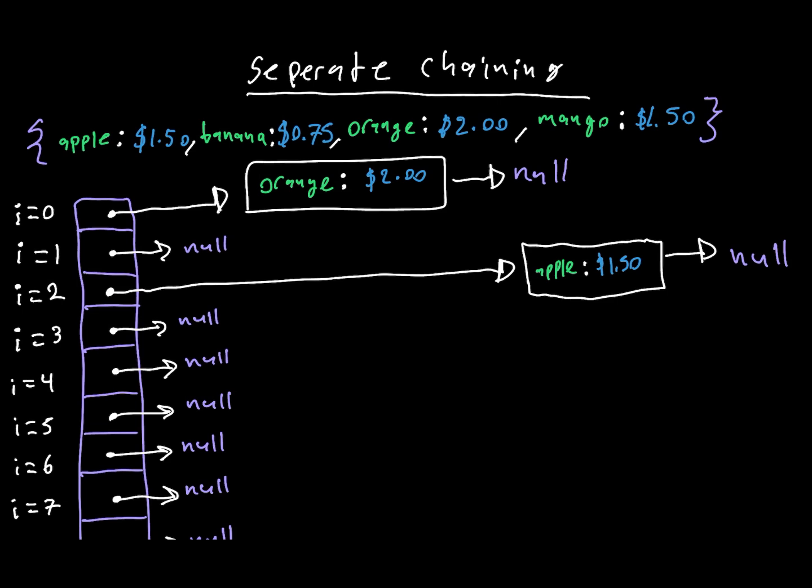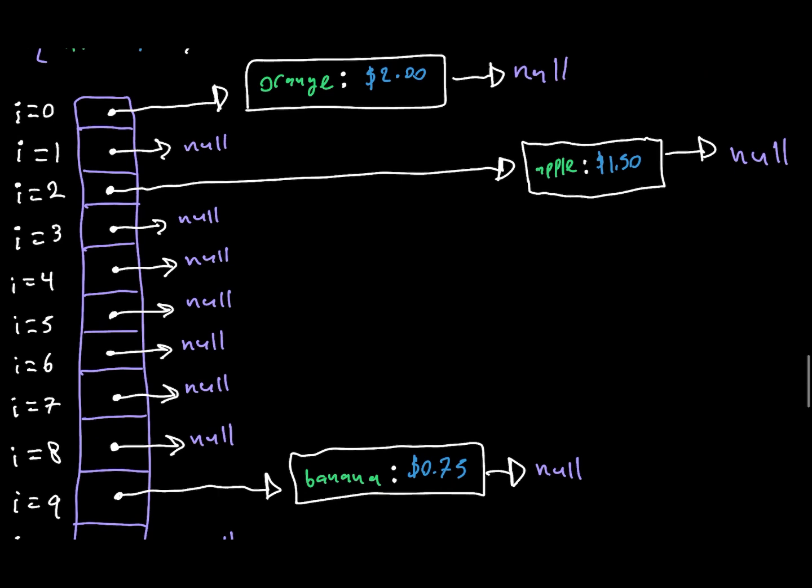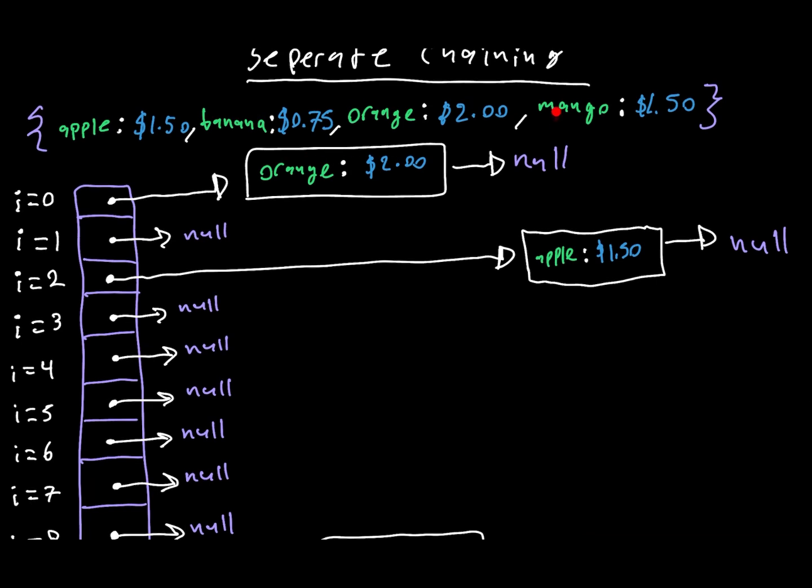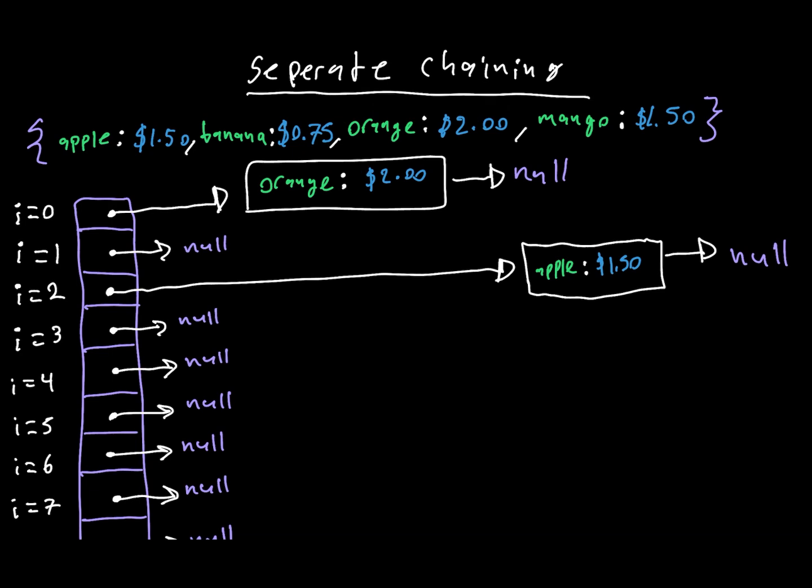So we have Apple, it's stored at index 2. We have orange, it's stored at index 0. And then we have banana, it's stored at index 9. That's where the node is, right? But what happens for the collision with mango? We also know that the hashing function results in index 2. So what we would do is we would go to index 2, make sure that our linked list doesn't contain the key mango already, right?